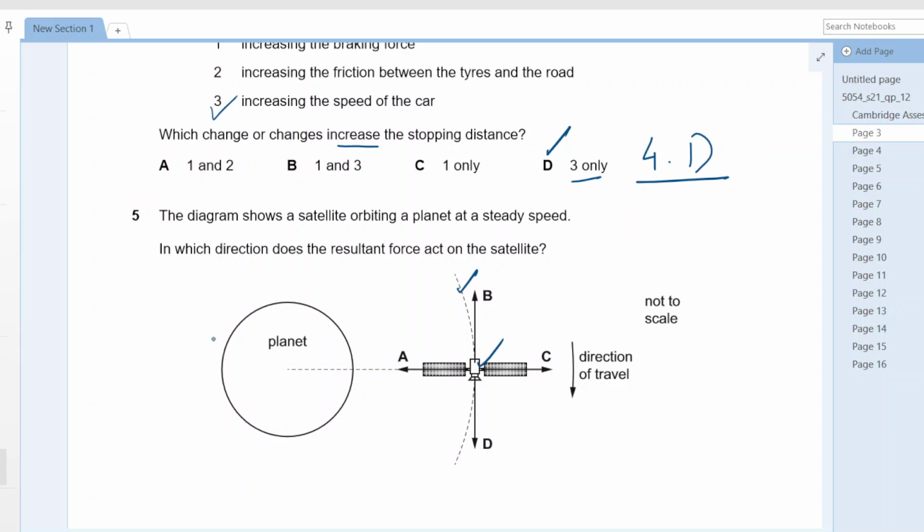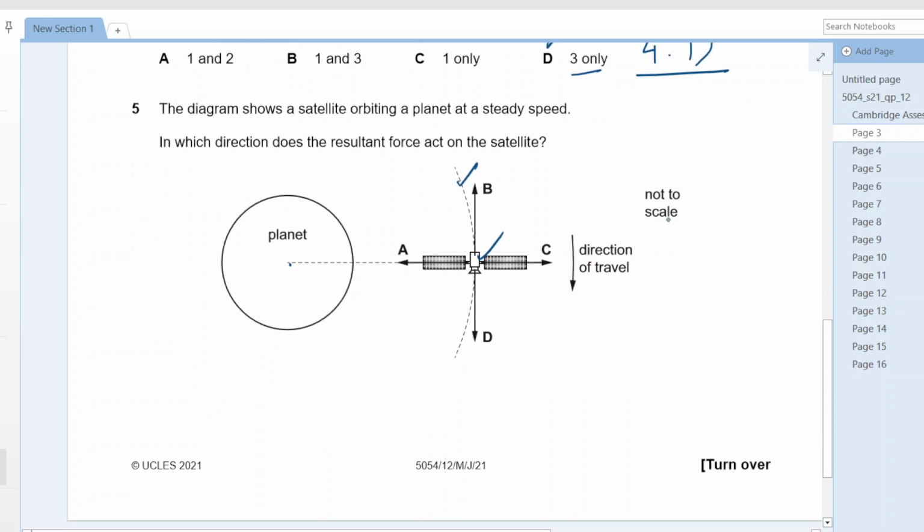In fact, it is a circle, and it orbits around the planet. Therefore, consider the concept of centripetal force, which acts toward the center of the planet, and the answer for 5 is A.